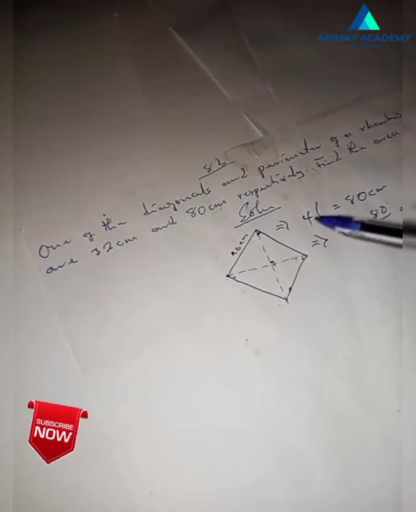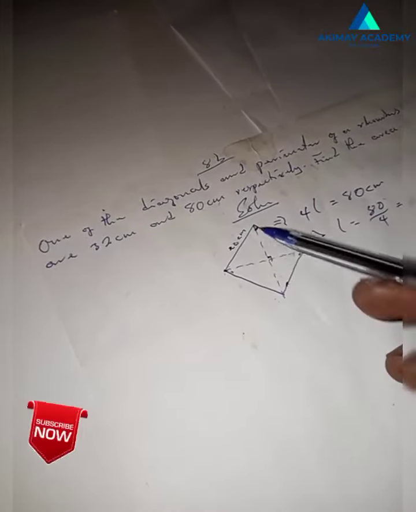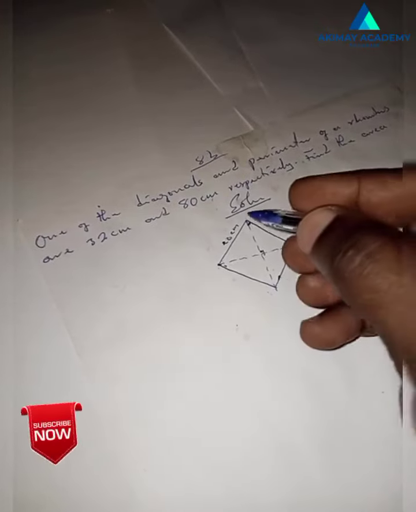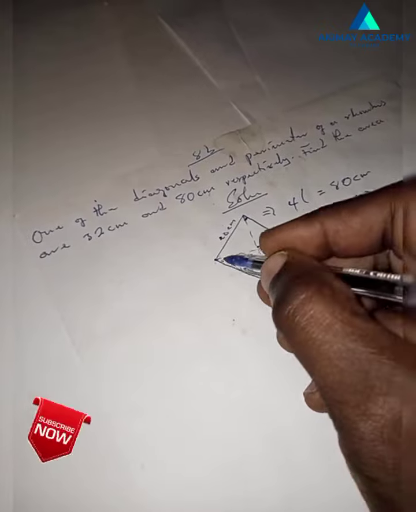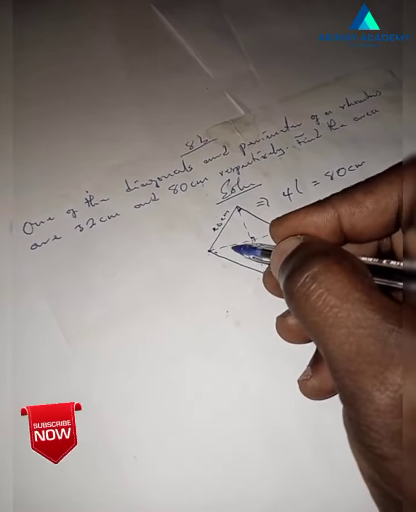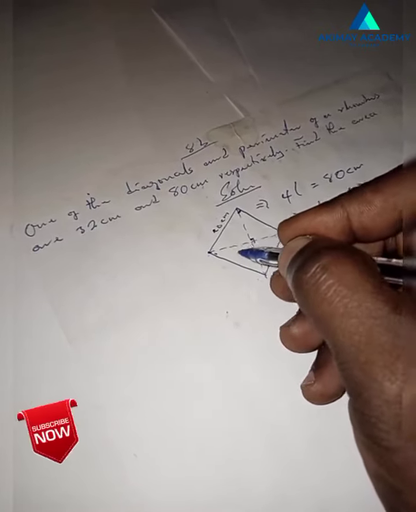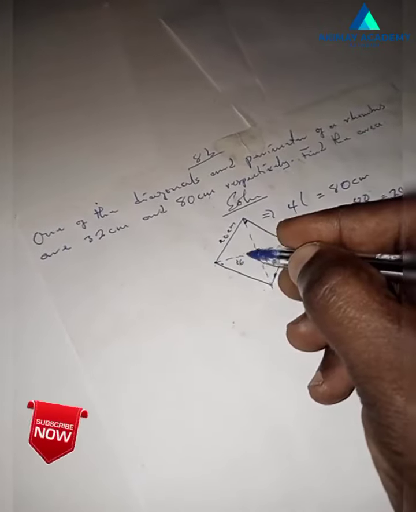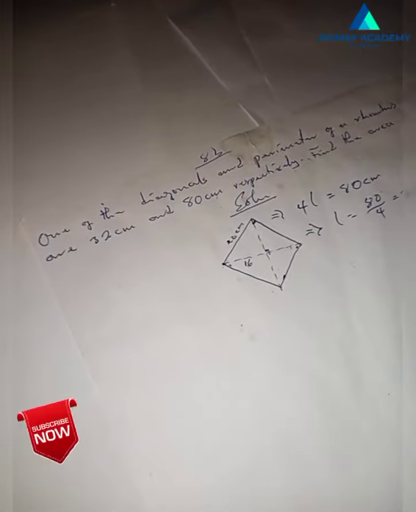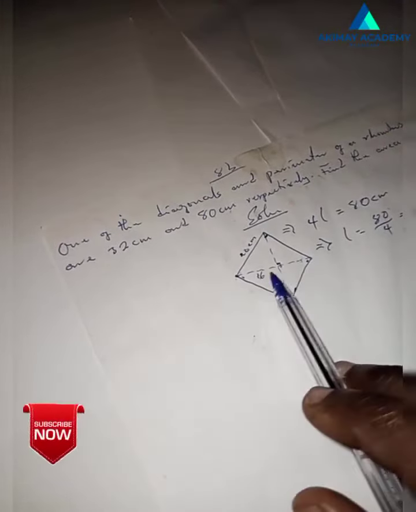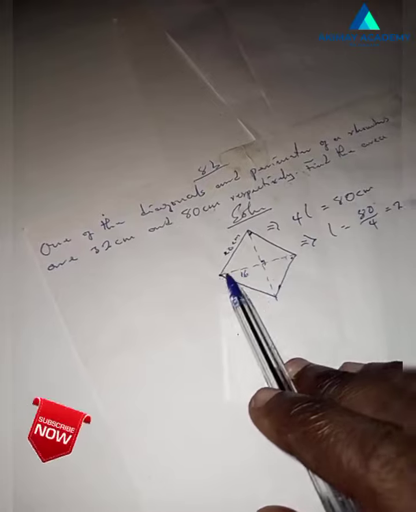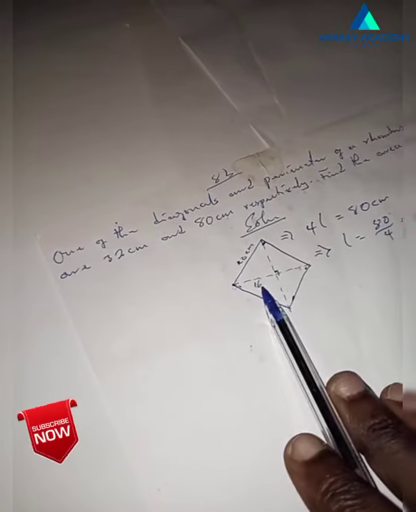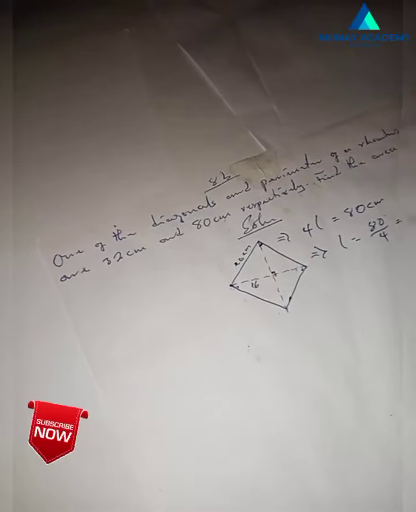So if the diagonals bisect each other and one diagonal is 32 centimeters, then one half of the diagonal would be 32 divided by 2, which is 16 centimeters. If the entire length of the diagonal is 32 centimeters, then half of it will be 16 centimeters.